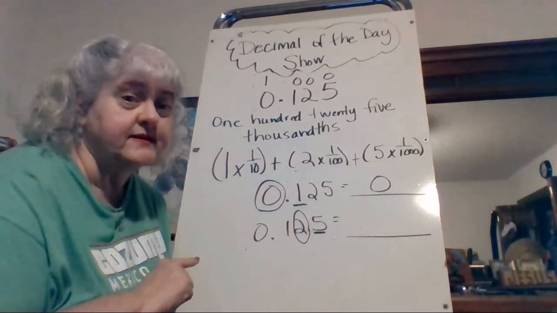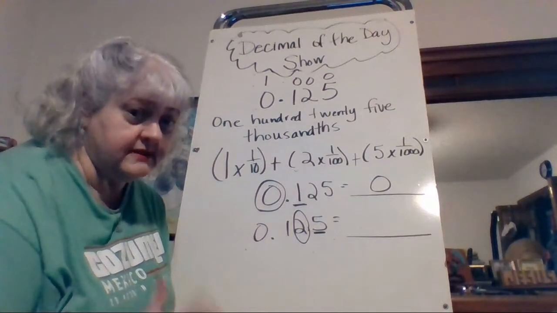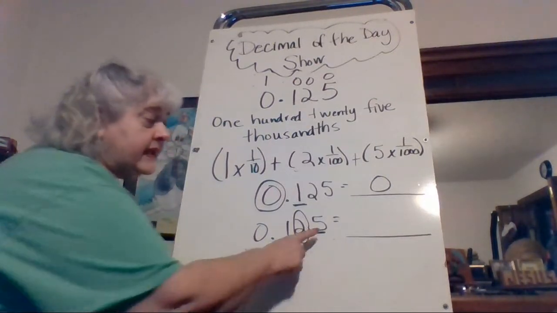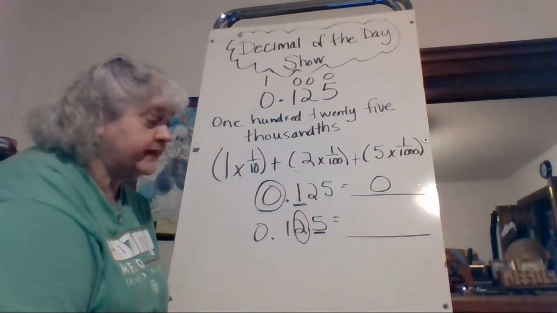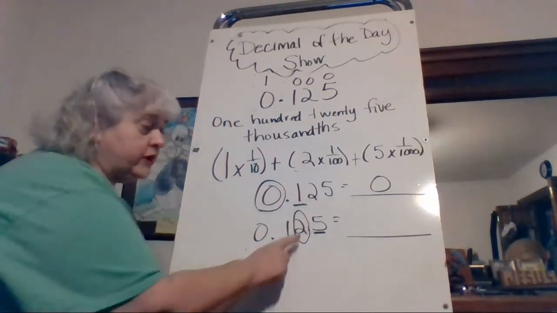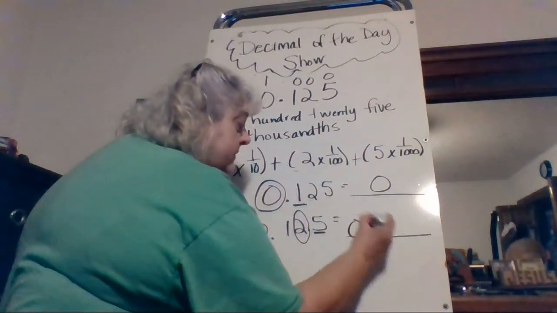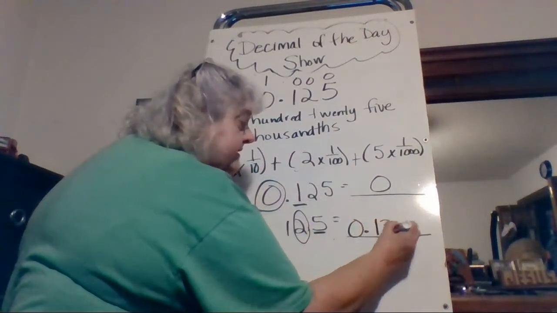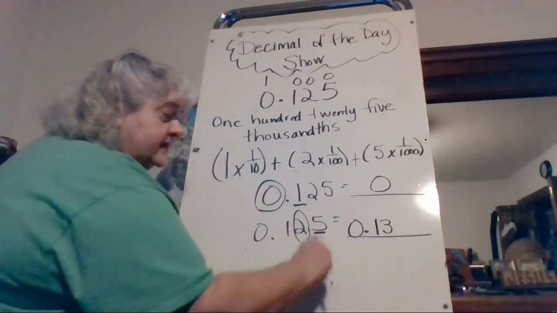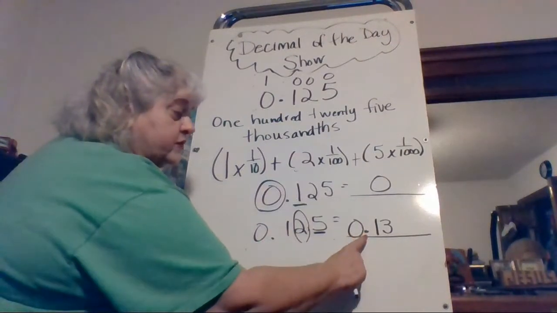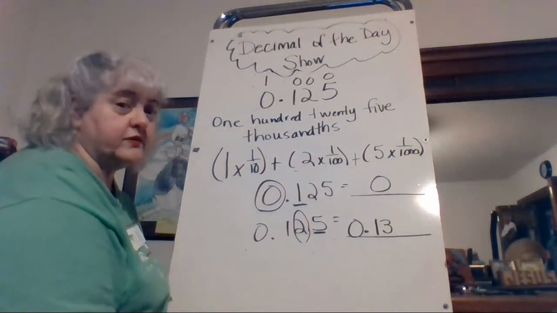It's either going to stay the same, or it's going to round up to the next digit. The neighbor next door is 5 or more, which means you're going to raise the score, and you're going to raise this up, and it would turn into a 3. Remember, everything before it stays the same, and everything after it drops off. So this simply means that this number is closer to 13 hundredths than it is to 12 hundredths.